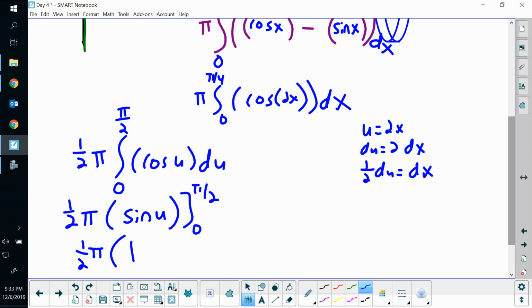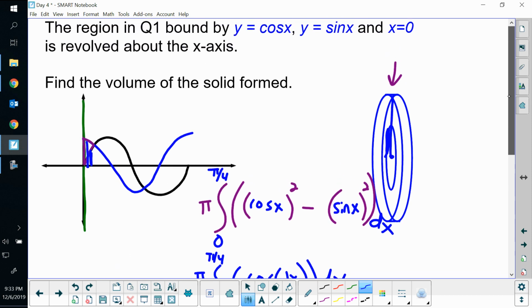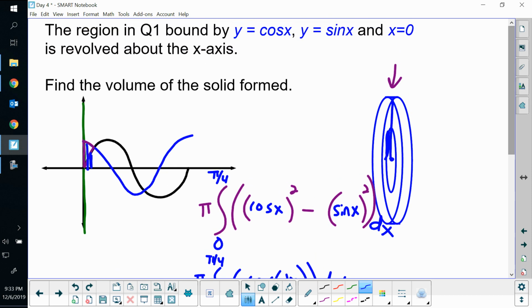Sine of pi over 2 is 1, minus sine of 0 is 0. So the volume that we get when that region is spun around the x-axis is 1/2 pi. And you can say units cubed if you want. Again, on the free responses for this on the AP, they don't tend to have the units as part of the scored part.